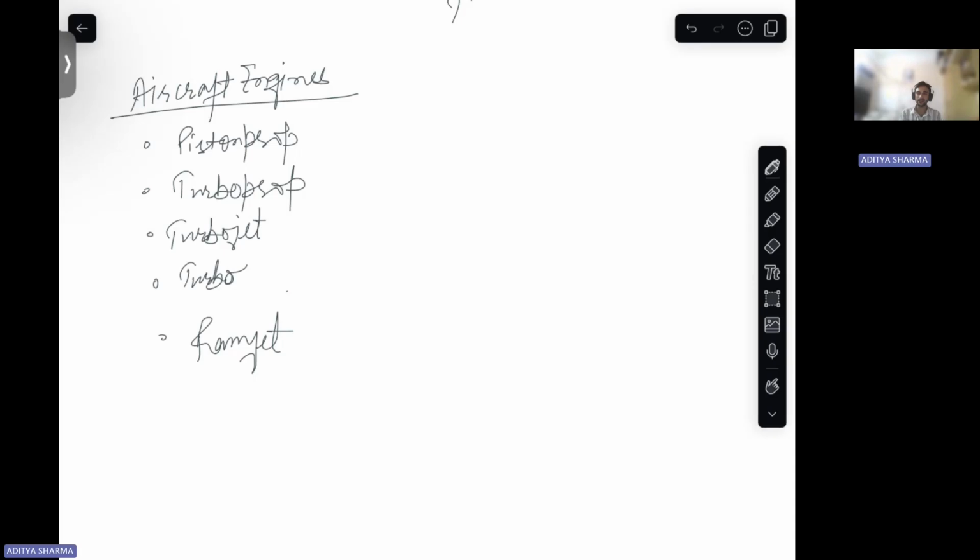So we are using a turbine here and jet velocity for providing the propulsion to the aircraft. And then what is turbofan? In turbofan, at the entry of this engine, we have a fan. In turbojet you have direct intake; you don't have any fan in the front of the engine, and in turbofan you have a fan in the front.